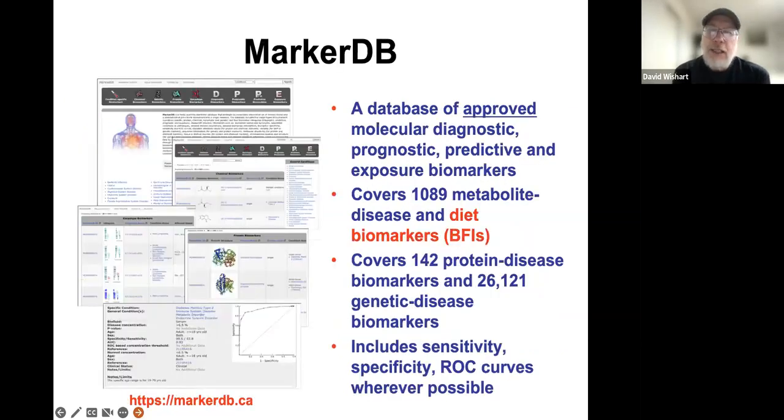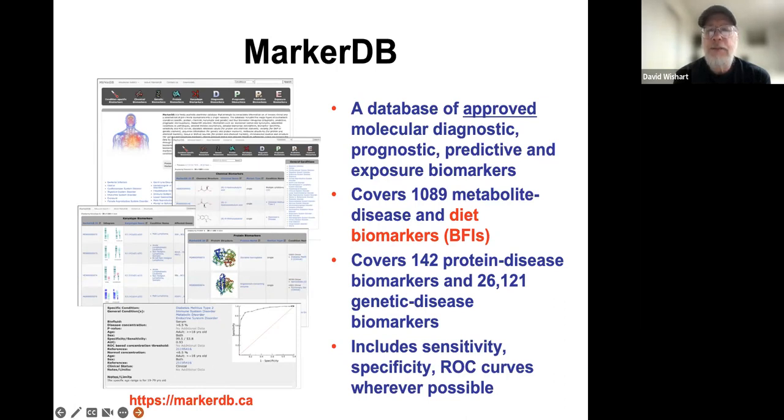In addition, we've also been putting this information into a database called MarkerDB. This one is sort of a general biomarker database. So it has genetic markers and karyotype markers and protein markers, but it also has more than 1,000 metabolite and dietary biomarkers or chemical biomarkers. These can be used to assess food exposure.